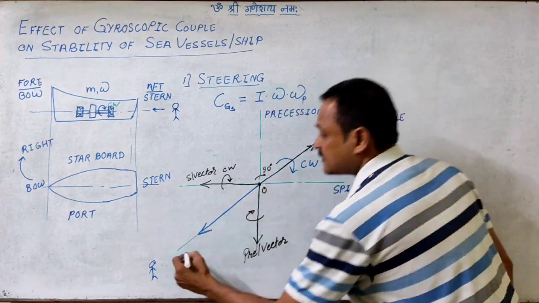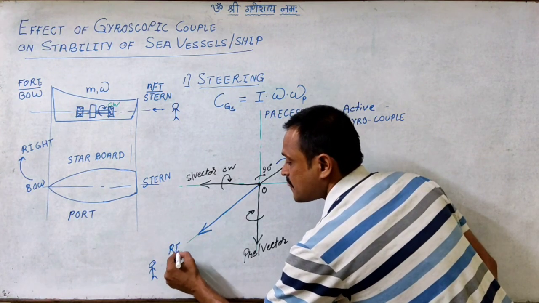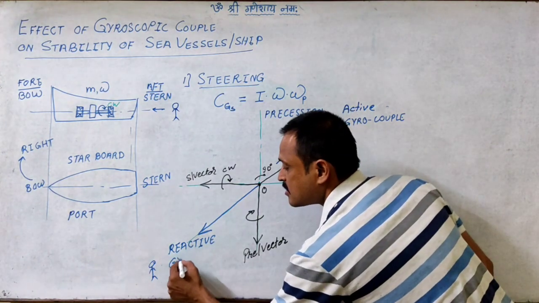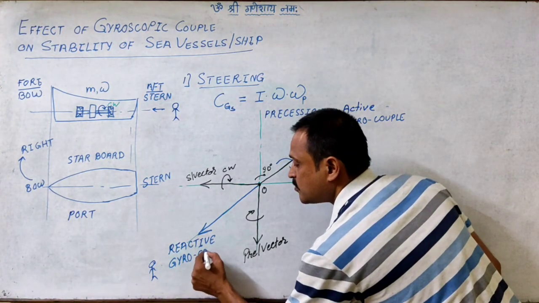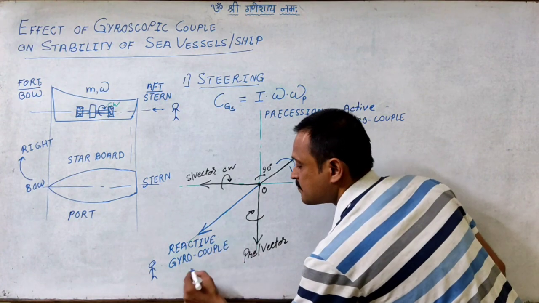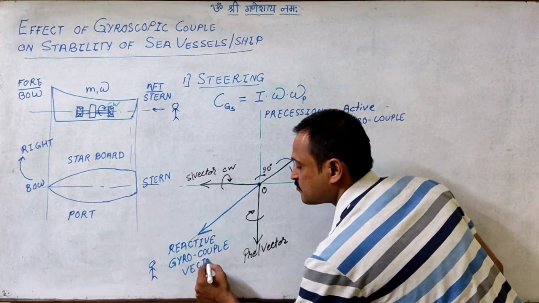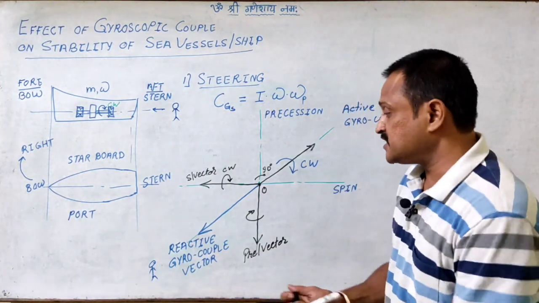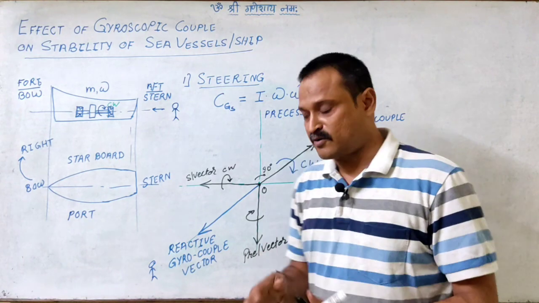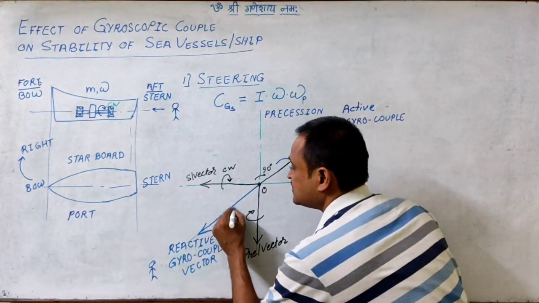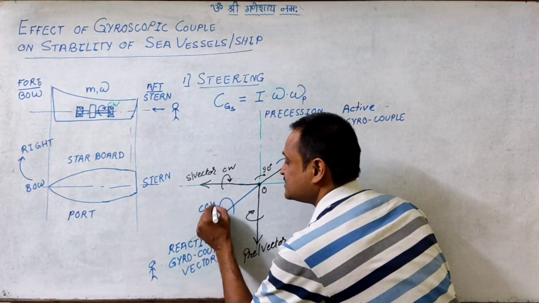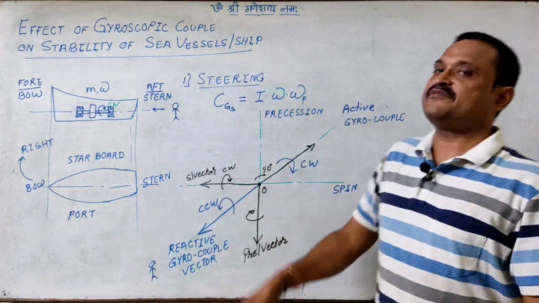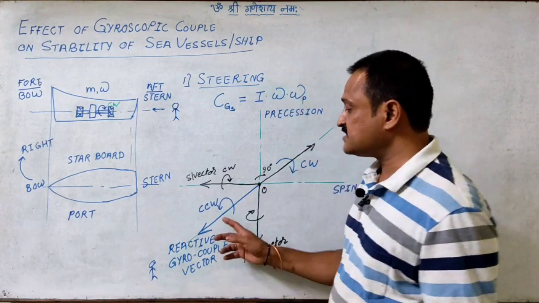So this vector is the reactive gyro couple vector, which is pointed towards the observer or me. So this is counterclockwise. Now how is it affecting?